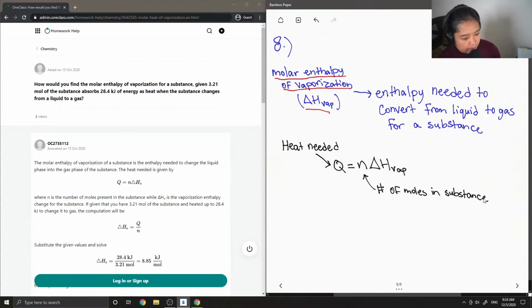Notice that the heat that is absorbed depends on how many moles of the substance you have. If you divide Q by the number of moles, then we get the delta H vap of a particular substance, which will be the same no matter how many moles you have.